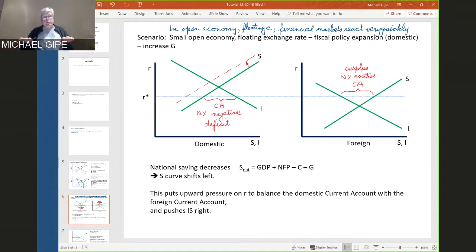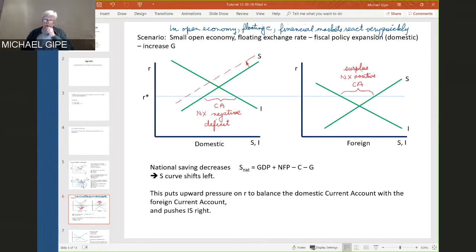And what happens is you would expect that those have to be equal. The net exports from one economy have to perfectly balance the net exports from the other economy, and that will set the interest rate that prevails between those economies.